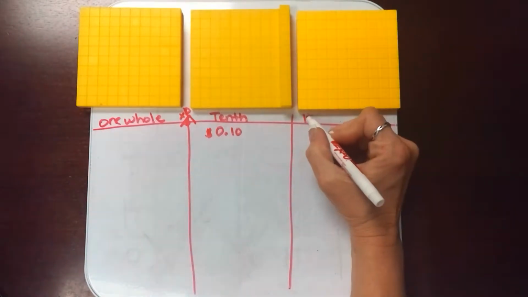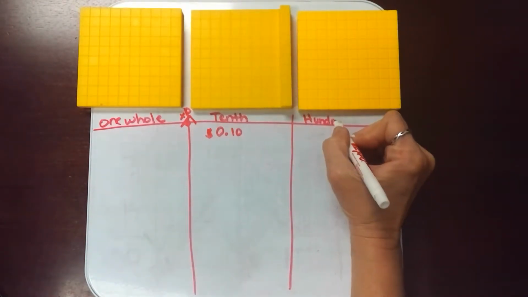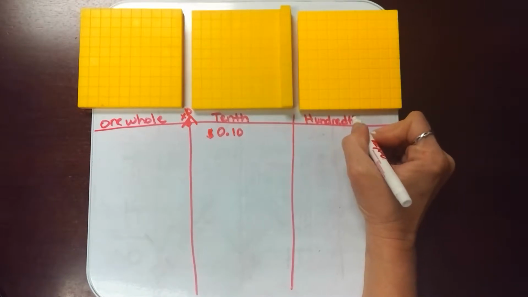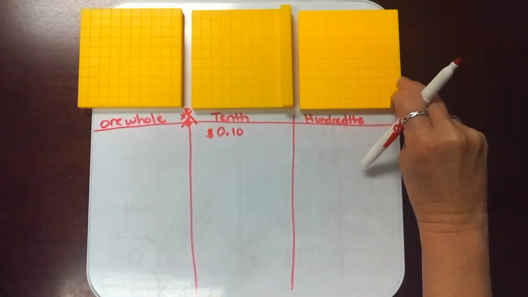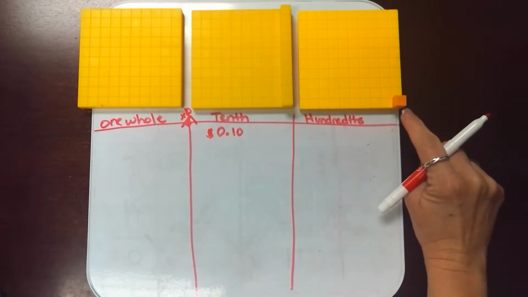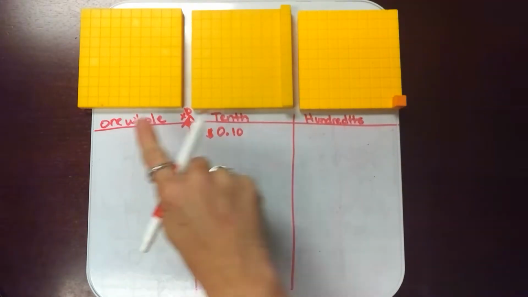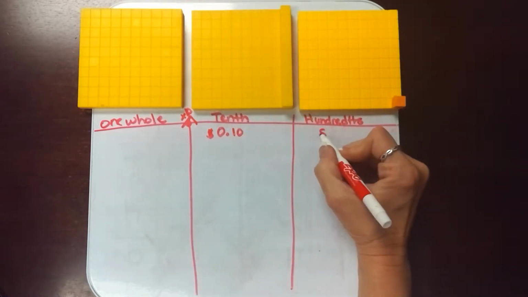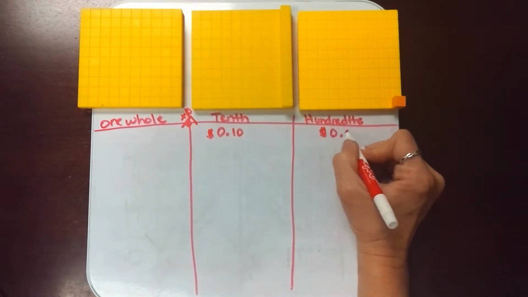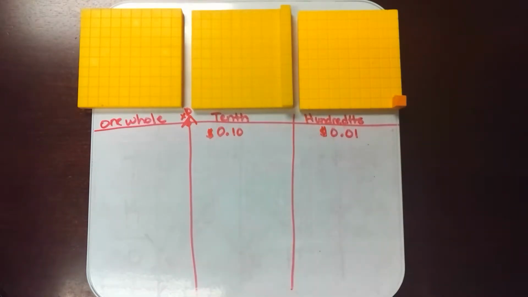Okay, then we can talk about our hundredths, and we're going to talk about what that means. It takes 100 of these to make a whole, or it takes 10 of these to make a tenth. And once again, we can relate it back to money. Okay?